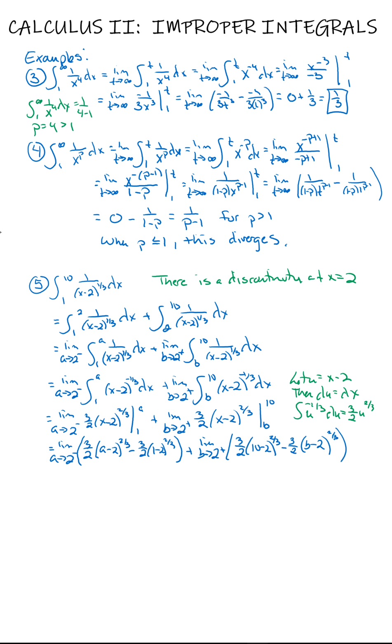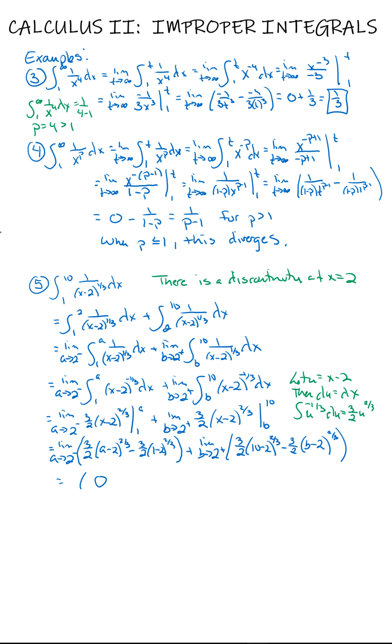I think we can simplify this just a little, and while we're simplifying, we can also evaluate those limits. So a is getting very close to 2, and that means a minus 2 gets close to 0. 0 raised to some power or multiplied by a coefficient is all 0. So this first bit becomes just 0.